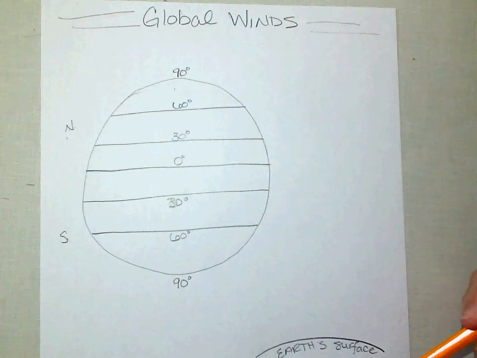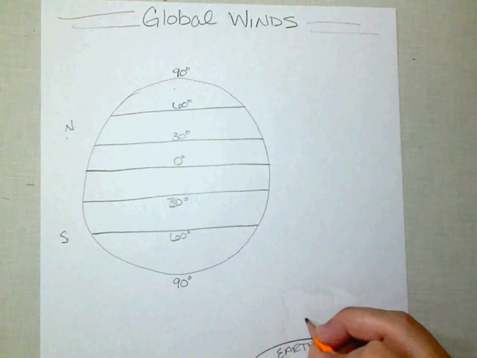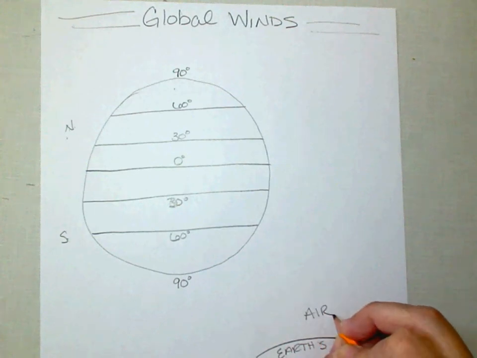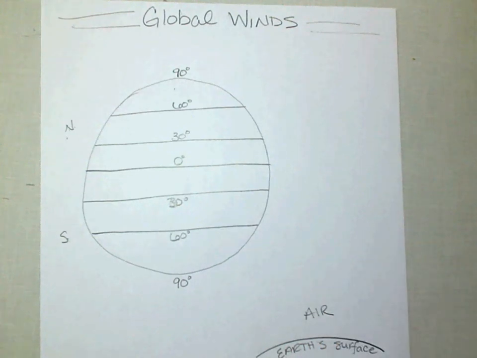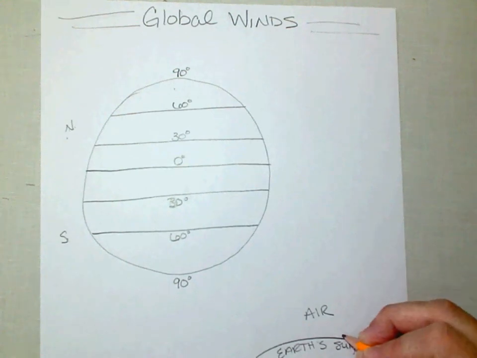Well, above the Earth's surface is all this air in the atmosphere. We know that when air begins to heat up, and we saw this with our balloon and with all of the different air demonstrations and activities that we did, it becomes less dense and it starts to rise up.